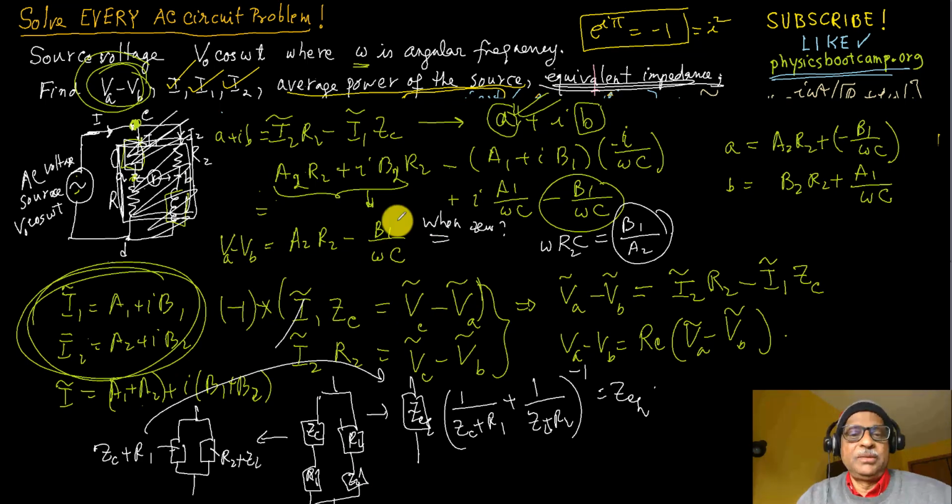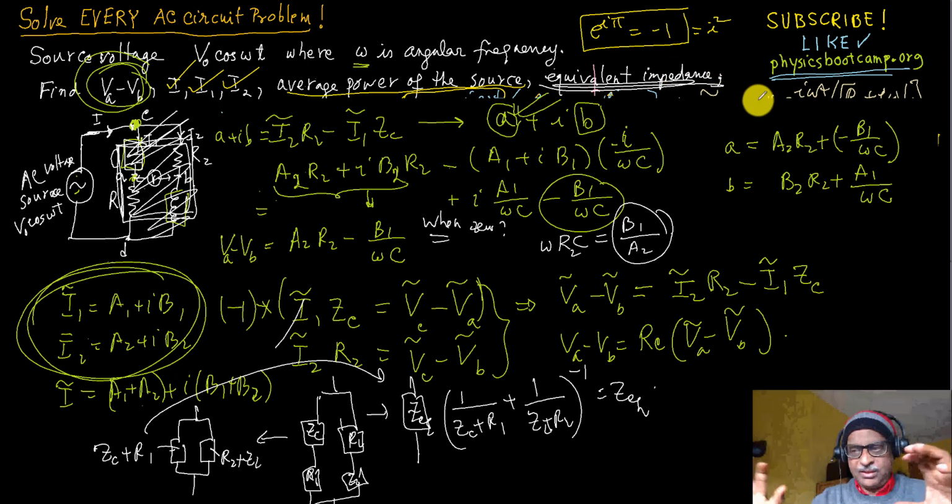This is a very long video, and this is the last video on AC circuits I'm going to do. Next I'm going to do transformers, coupled circuits. When two circuits are coupled like in a transformer, you have one circuit, another circuit, and inductance couples the two circuits.